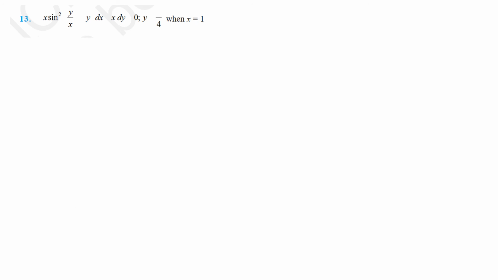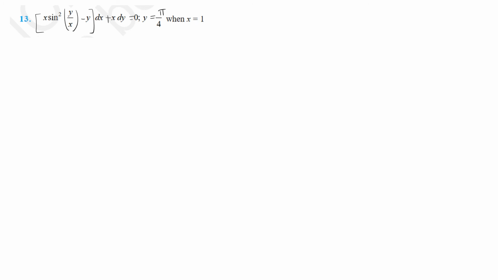Number 13 is x sine square y upon x minus y times this dx plus x dy is equal to 0. This is an initial value problem where you have to get the particular solution where the condition is given that y is equal to pi by 4 and x is equal to 1.